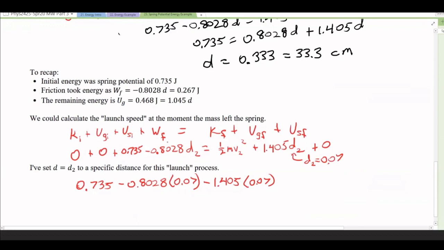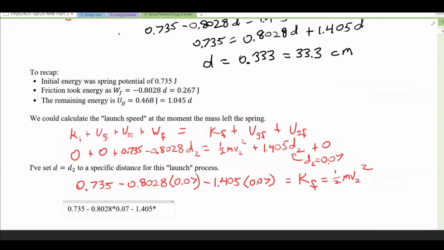Let's move that over to the left-hand side, and that gives us our K final, which is 1/2 mv2 squared. So how much energy is this? 0.735 minus 0.8028 times 0.07 minus 1.405 times 0.07 equals 0.5805.